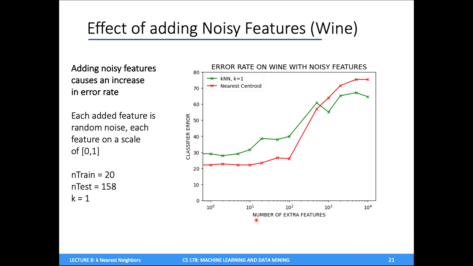But what happens for these distance-based classifiers is they can't ignore these irrelevant features. And the error rates of both kNN and nearest centroid increase as I have these irrelevant features in my data. This is one of the drawbacks of these distance-based classifiers. They really can't ignore irrelevant information.